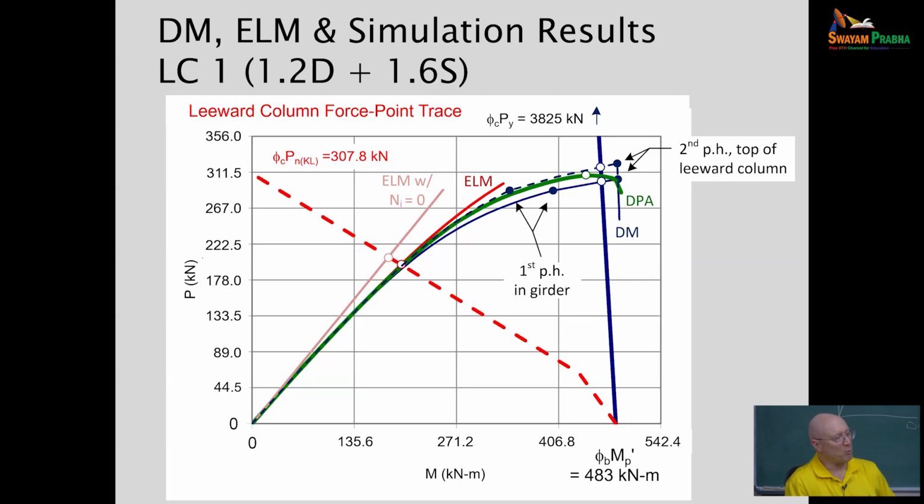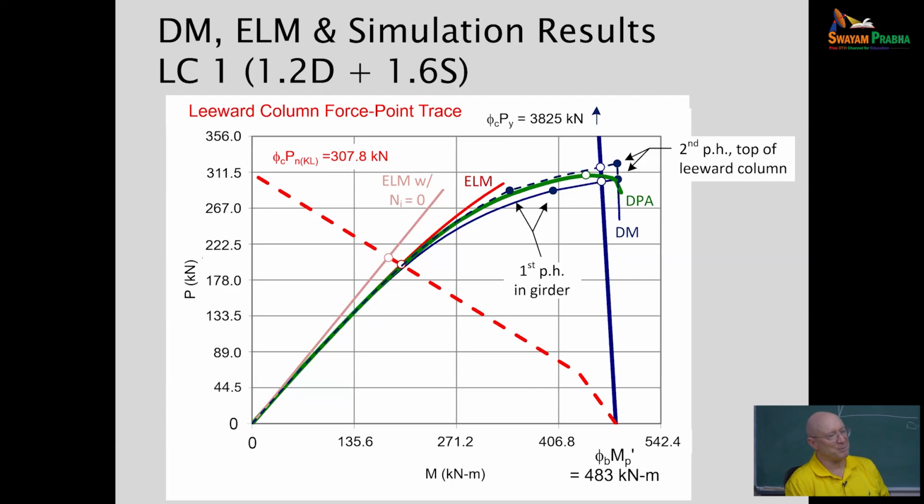But another anchor point there is essentially the envelope of the forces at full plasticity on the cross section that we can get to. If it's just pure axial compression, there it's 0.9 phi times Py. So that's 3,825 kilonewtons. That's way up above the roof here. And so that's what that bold purple curve is.